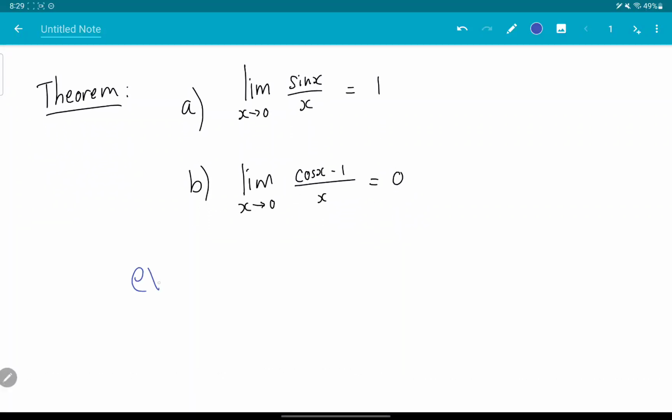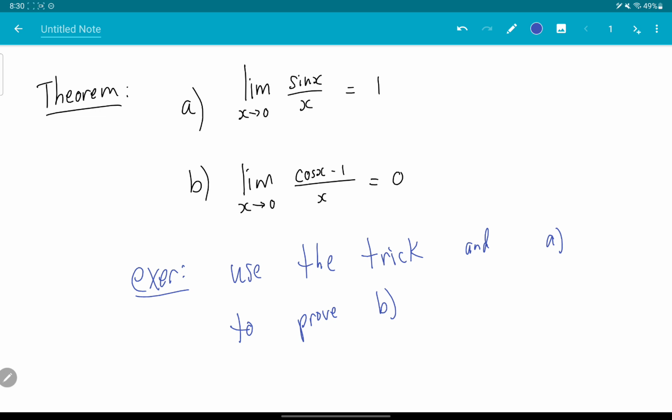And as an exercise, this will be a bit tricky, but I want you to use the trick and part A, so this limit, to prove B. So use the trick, multiply this guy top and bottom by cos x plus 1, and then use this limit here to prove B. Okay, give it a try.